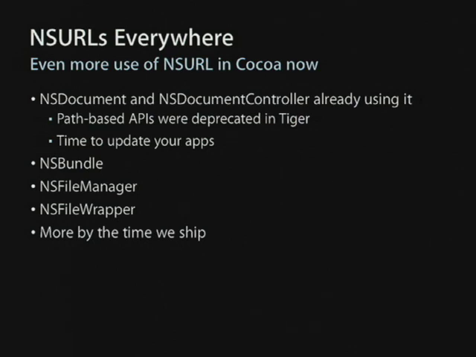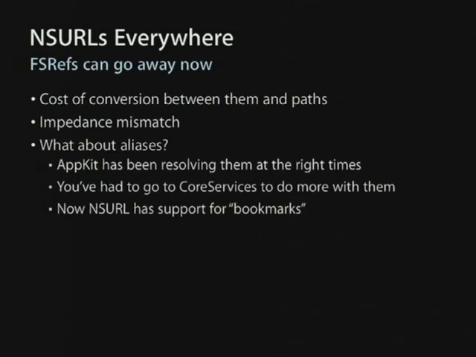And also, we're adding NSURL-based API to things like NSBundle and NSFileManager and NSFileWrapper that I'll spend some time talking about. And we have plans to do this to more classes by the time we ship. So what this means, if you've written Cocoa apps and you found yourself for some reason or other having to go to the lower level Core Services API because you had to do something that required FSRefs, you're not going to have to do that anymore.